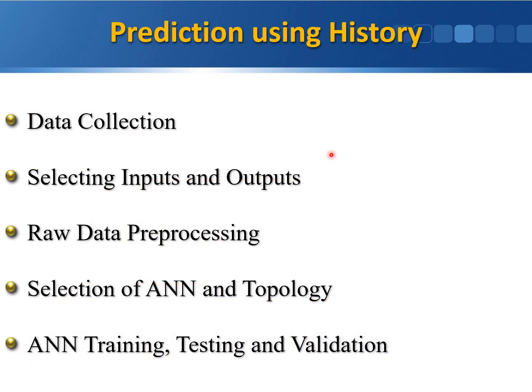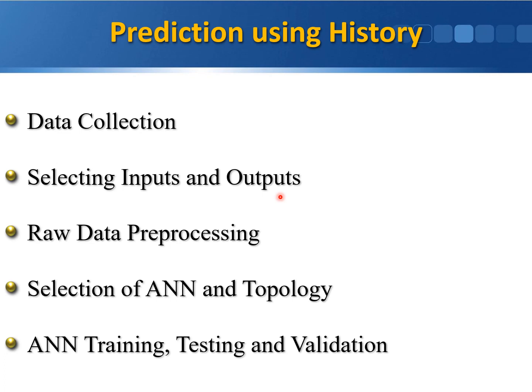So in this example, as I told you before, I have collected 1750 data or patterns from previous stock market values over a period of time. Once we have data in our hand, we have to decide what would be the inputs and what would be the outputs of the neural network to be produced.